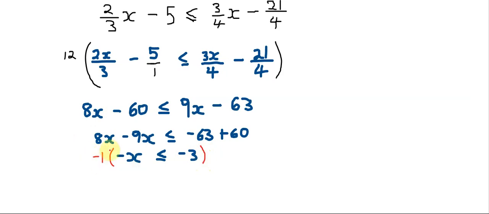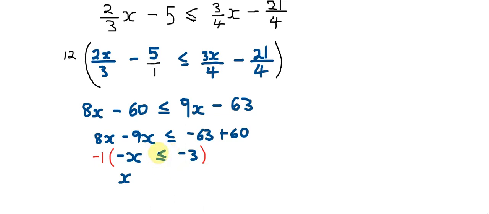So we can multiply the entire inequation, sorry, by negative 1. And multiplying the entire inequation by negative 1 will cause the sense of all of these elements in the brackets here to change. So negative 1 times negative x will result in a positive x.